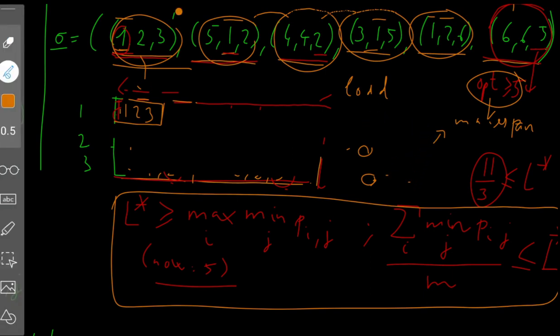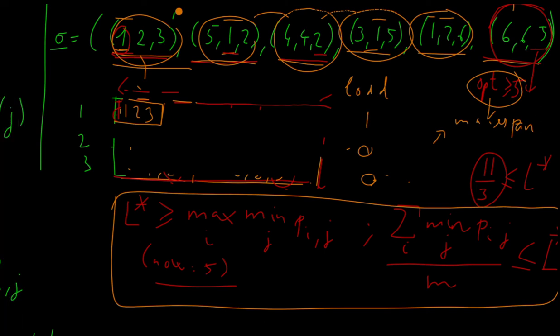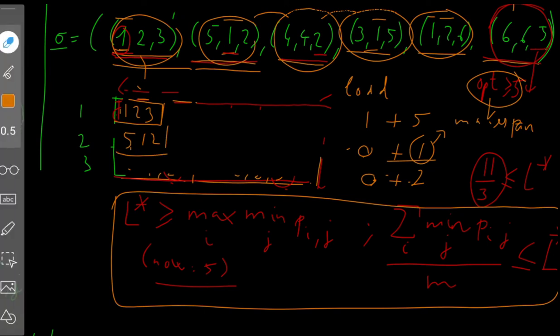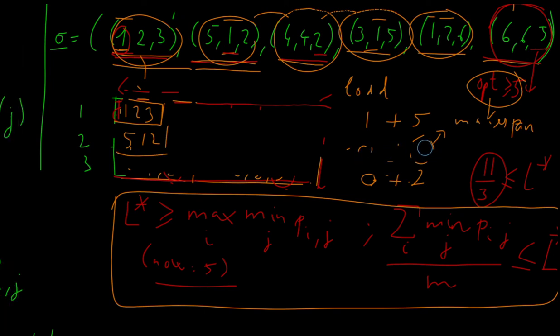To schedule the second job I compare 1 plus 5, 0 plus 1 and 0 plus 2, and here 0 plus 1, which is only 1, is the winner, so I schedule this 5, 1, 2 to that machine. The load of this machine will be 1.